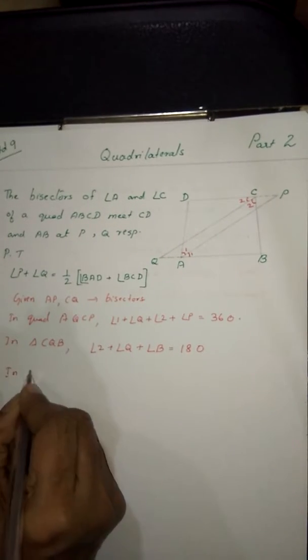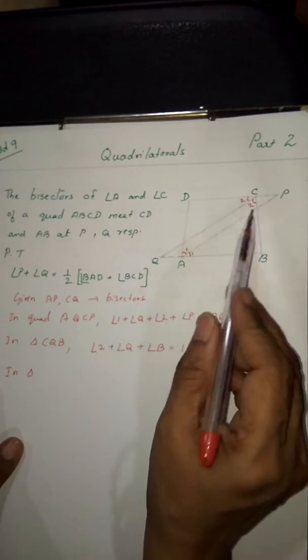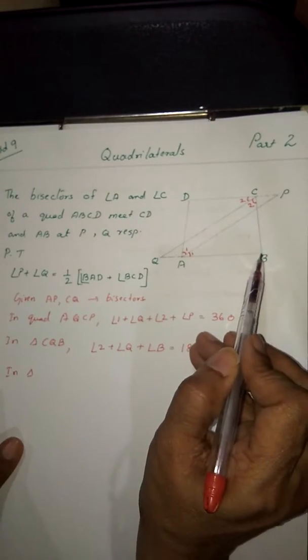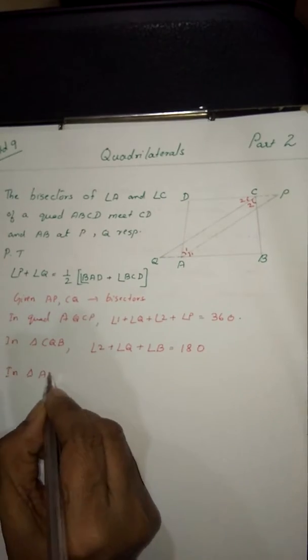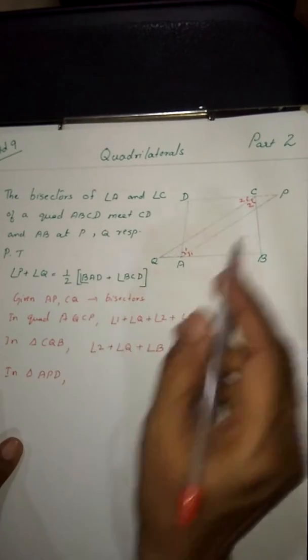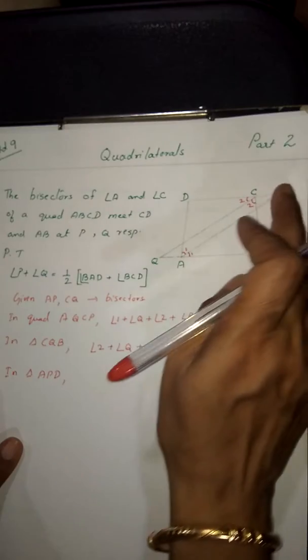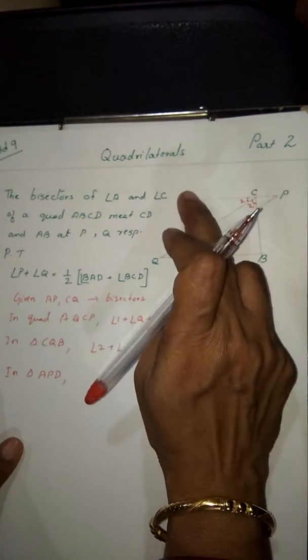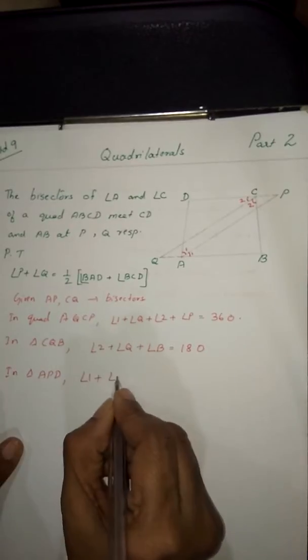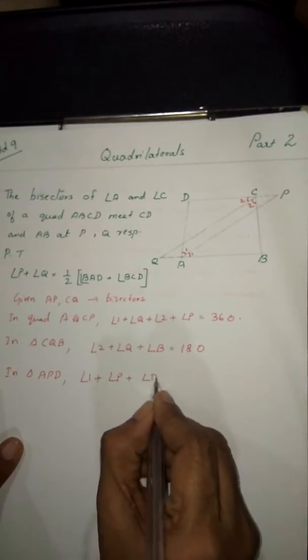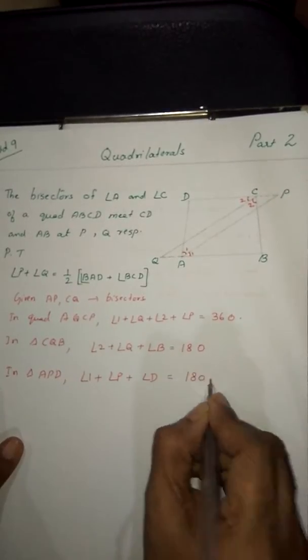Now we will take triangle APD. In triangle APD, we can say angle 1 plus angle P plus angle D is equal to 180.